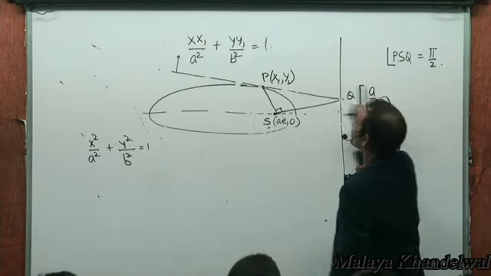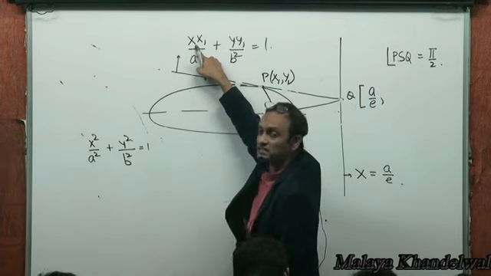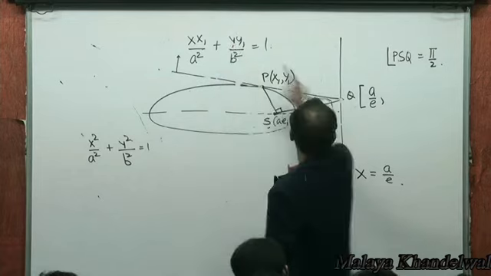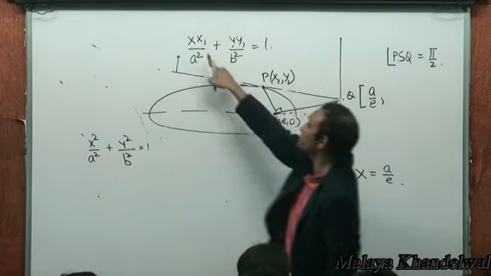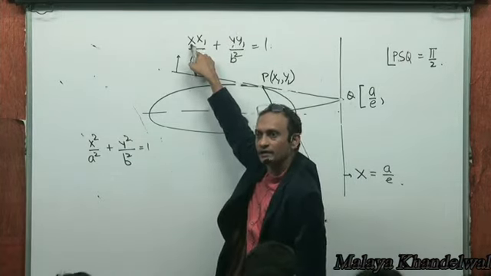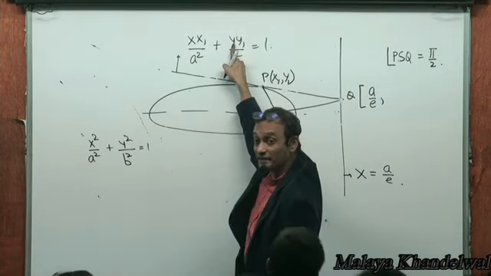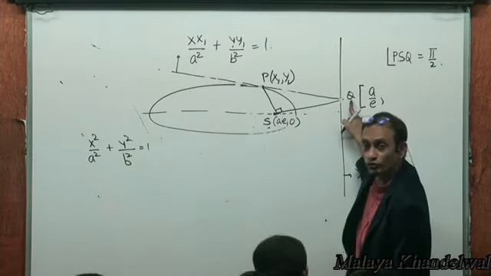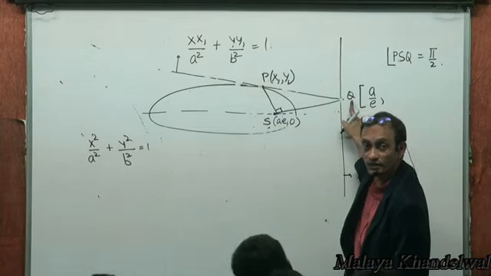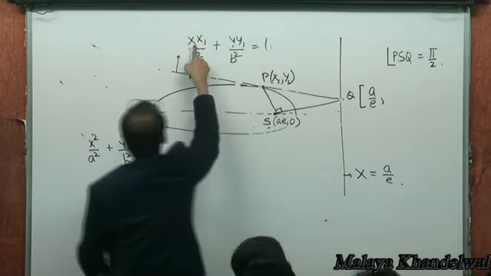Now for y, if you plug in x equal to a by e, then the value of y that you get would be y of Q, isn't it? Intersection with the line x equal to a by e. So plug in x equal to a by e.